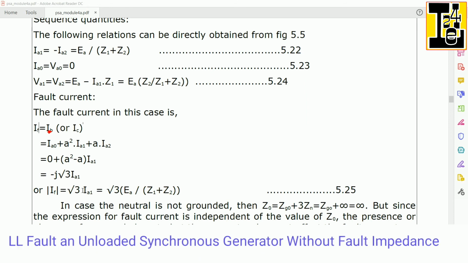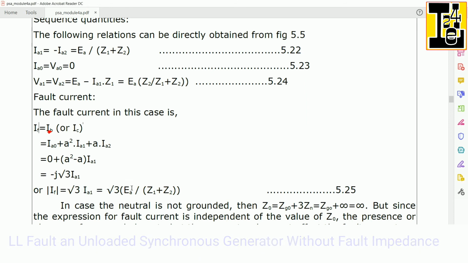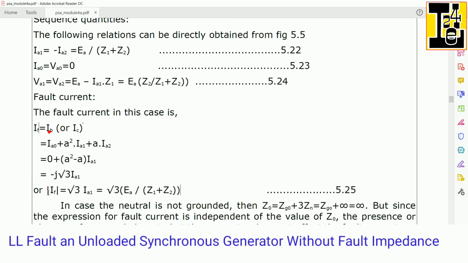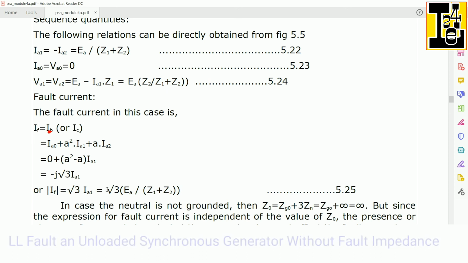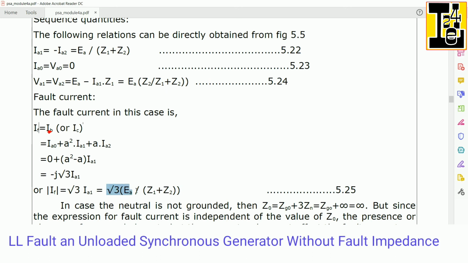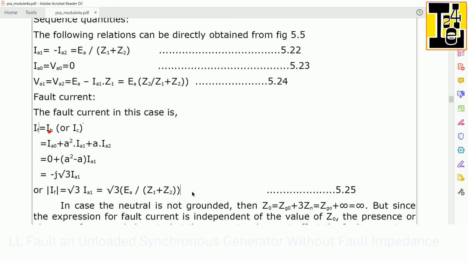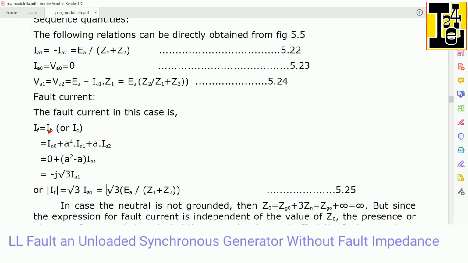But we know that IA1 is equal to EA divided by Z1 plus Z2. So the elaborated equation for IF can be written as root 3 into bracket EA divided by Z1 plus Z2. If you take the mod of it, it will be a positive value.